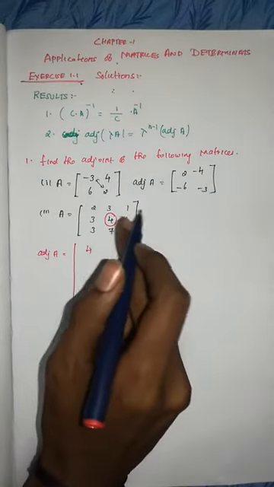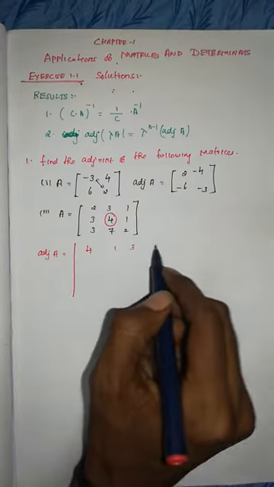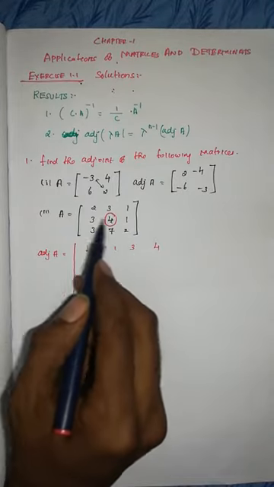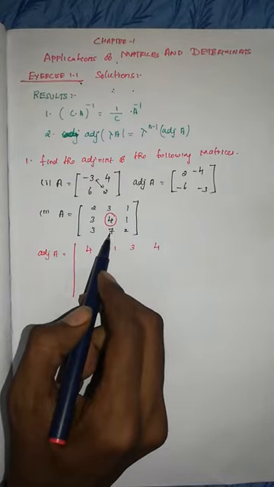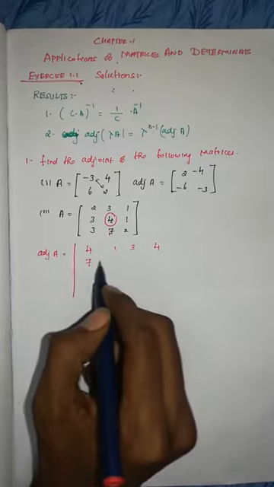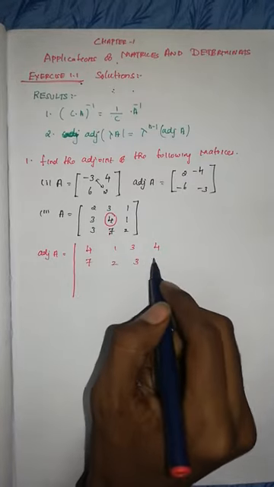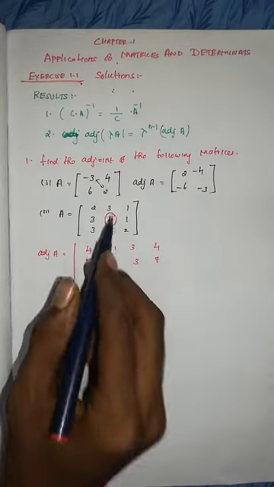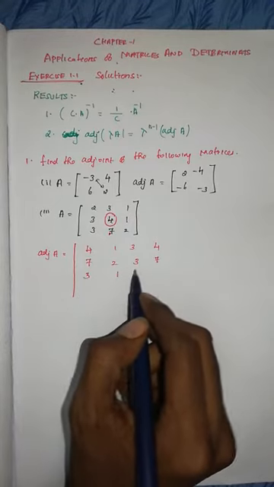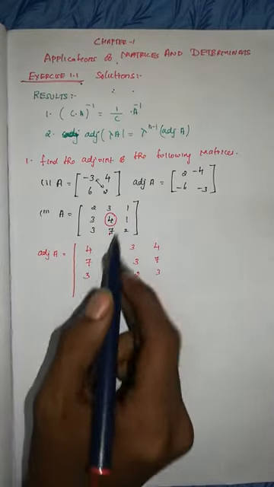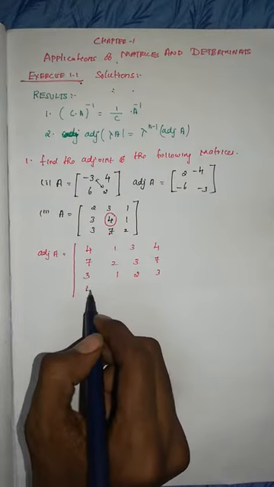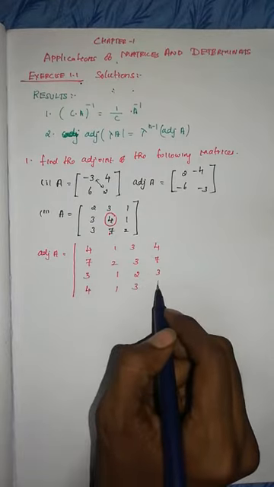So 4, 1, 3, 4. And then you consider the next row which is 7, 2, 3, 7. And you take it as 3, 3, 1, 2, 3, and again you finish with the same row which is 4, 1, 3, 4.